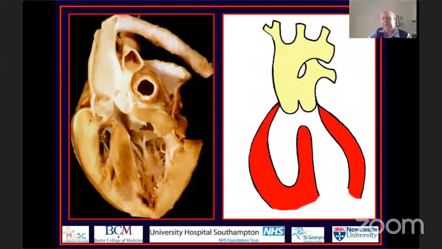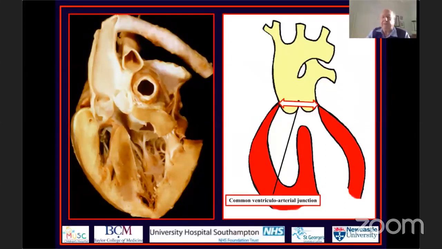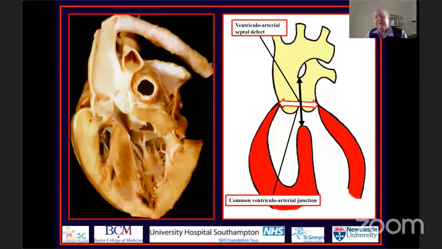Because if we compare these two images, what we have seen already is that the feature of the common arterial trunk is the commonality of the ventriculo-arterial junction. But then in comparison to what we saw with common atrioventricular junction, here with common ventriculo-arterial junction, we have an extensive defect.